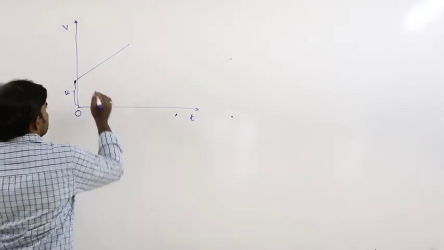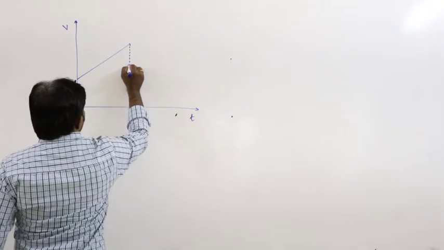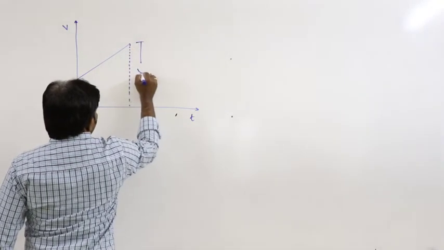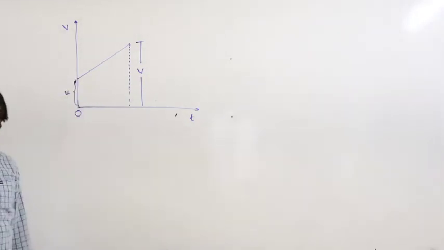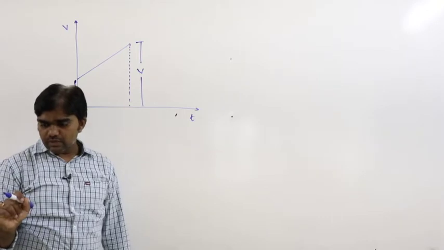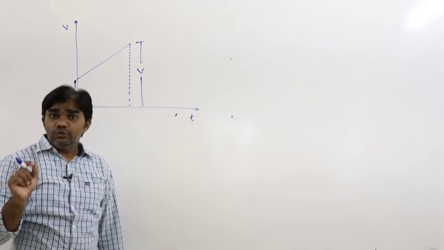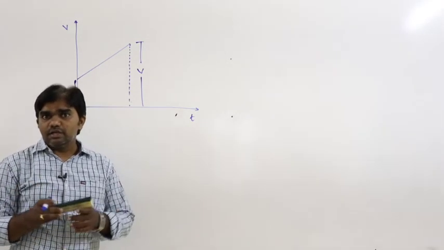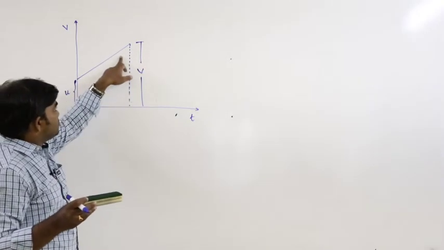Now, this is the shape of the graph. After certain time, let us say its final velocity is v. The body starts with certain initial velocity and it is moving with uniform acceleration, that means the velocity of the body goes on increasing.